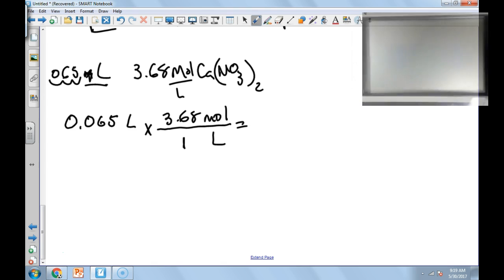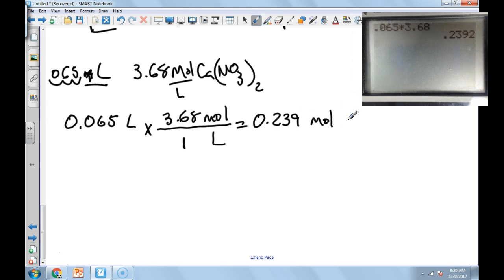So this is 3.68 moles for every 1 liter. And now we can do some math. So I'm going to bring up my calculator. And I'm going to turn this on, get rid of any of that junk that's there. And I'm going to go 0.065 times 3.68. And that gives us 0.239 moles of CaNO3 2.